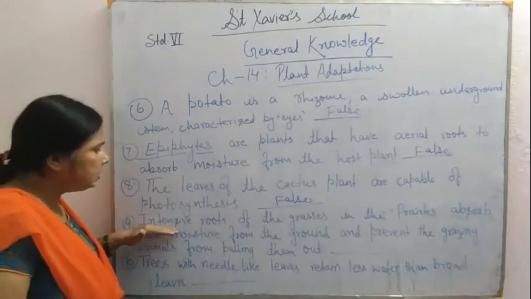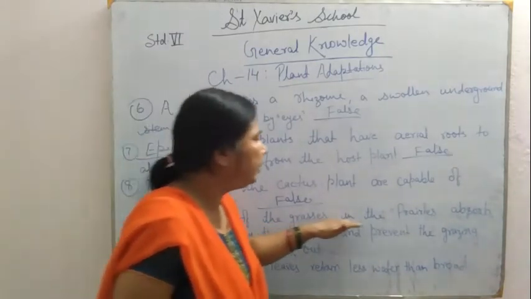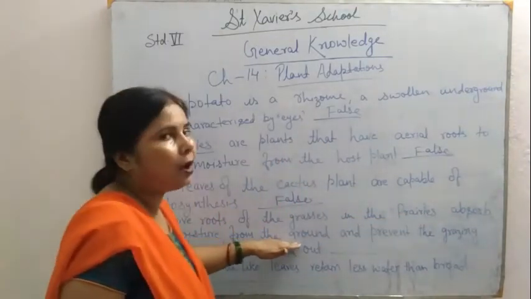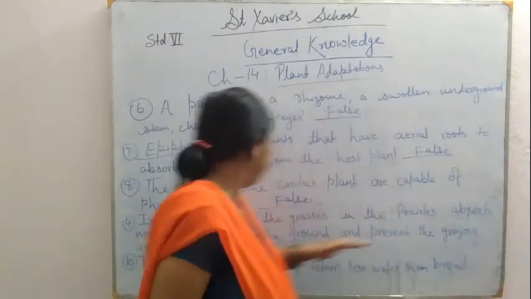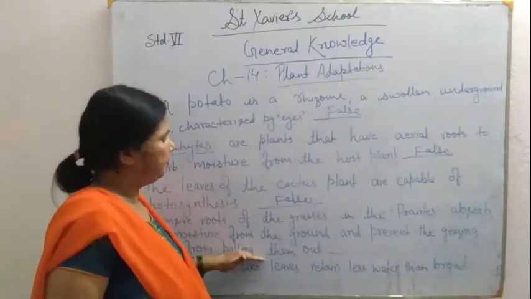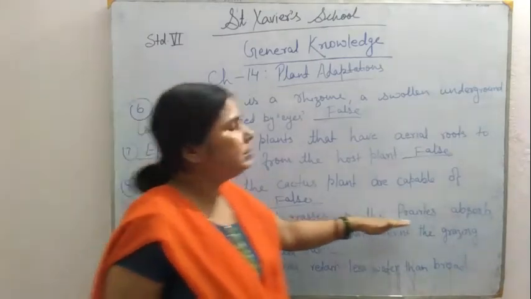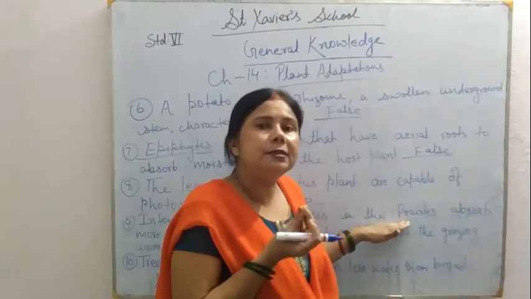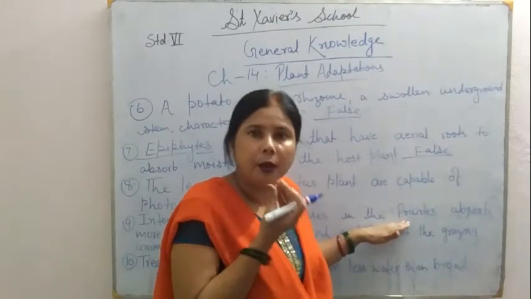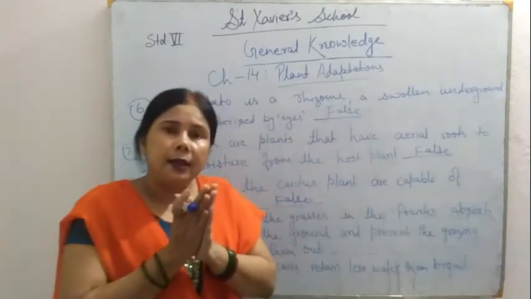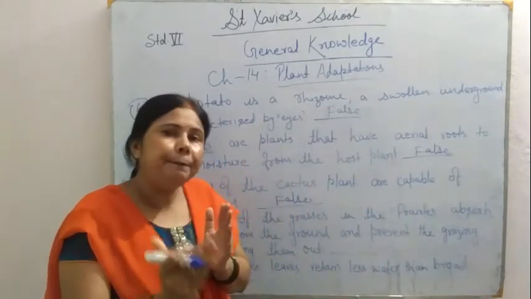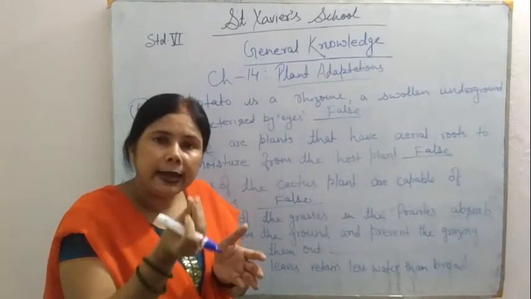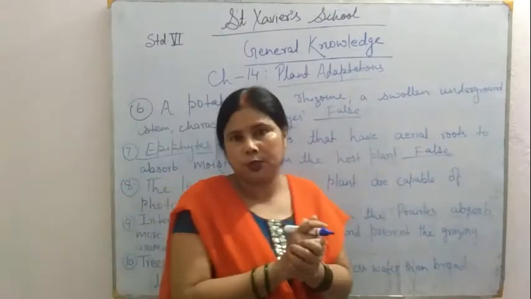Ninth question. Intensive roots of the grasses in the prairies absorb more moisture from the ground and prevent the grazing animals from pulling them out. So children, prairies are temperate grasslands. Temperate grasslands experience low rainfall. So roots of the grasses grow deep inside the soil so that they can absorb moisture from the soil.